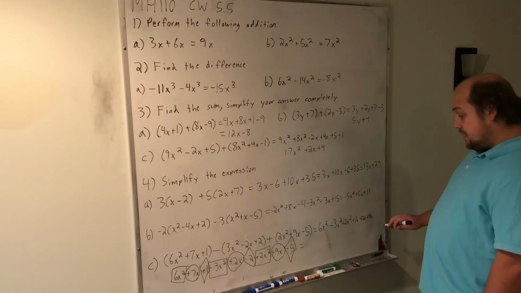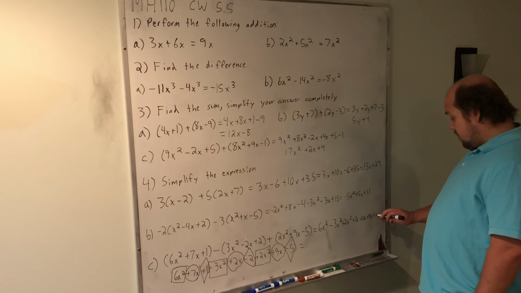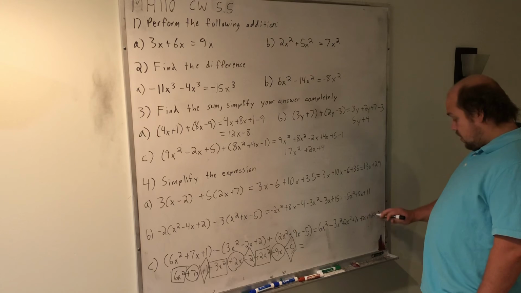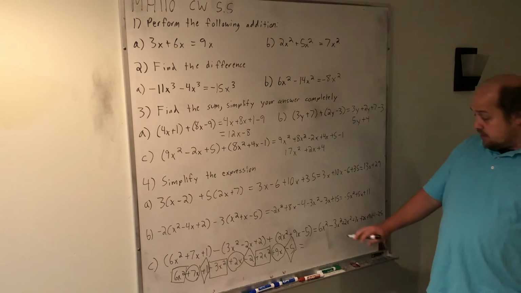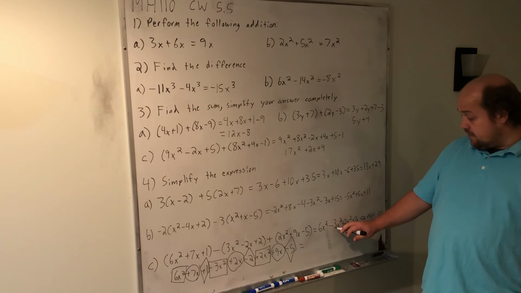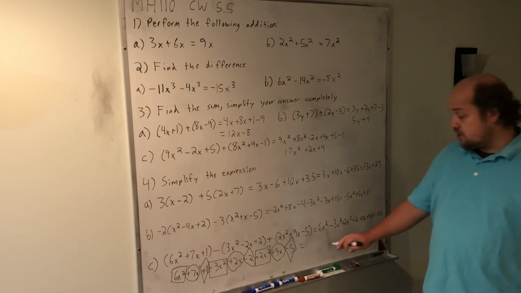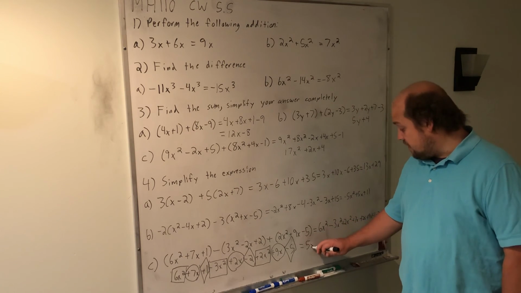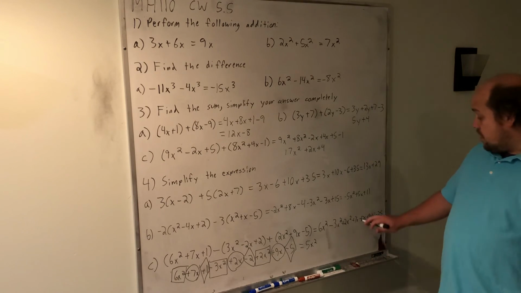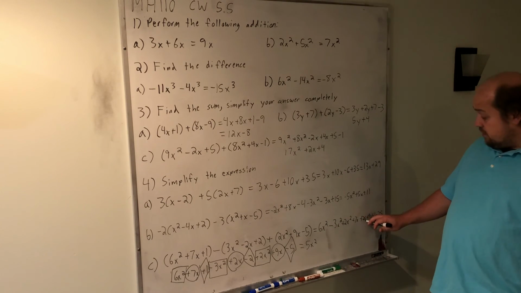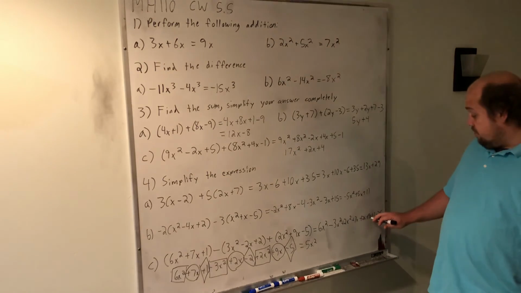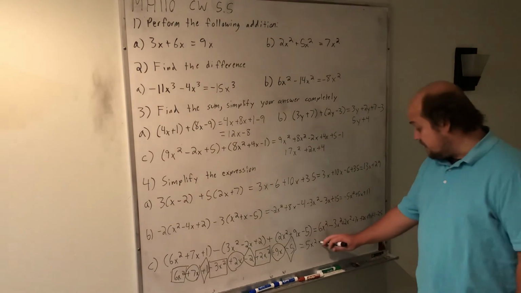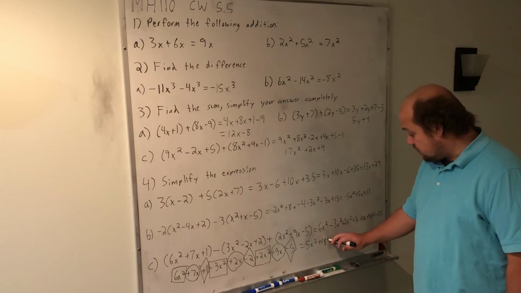Finally, in my diamonds, I have plus 1, minus 2, and minus 5. So combining the like terms, 6 minus 3 is positive 3. Positive 3 plus 2 gives me a total of positive 5x squared. Positive 7 plus 2 gives me positive 9x. Plus another 9 gives me positive 18x.